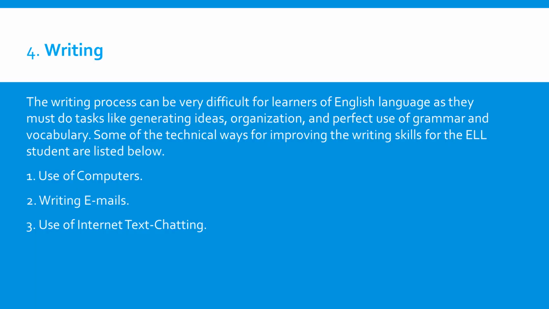The writing process can be very difficult for learners of the English language, as they must do tasks like generating ideas, organization, and perfect use of grammar and vocabulary. Some of the technical ways for improving the writing skills of the ELL student are listed below. The first one, they can use computers, or they can write emails, or they can use internet text chatting.